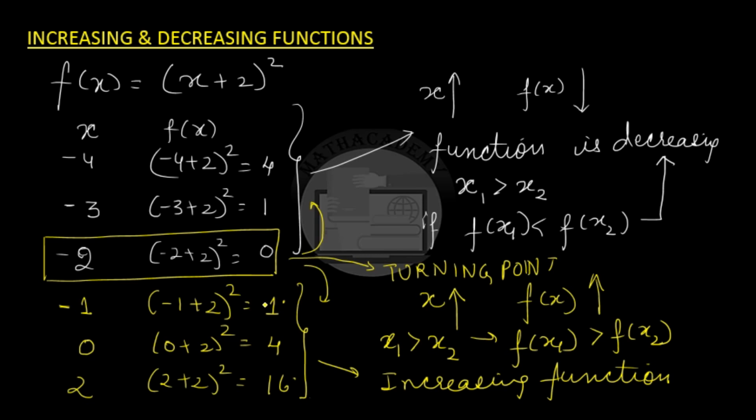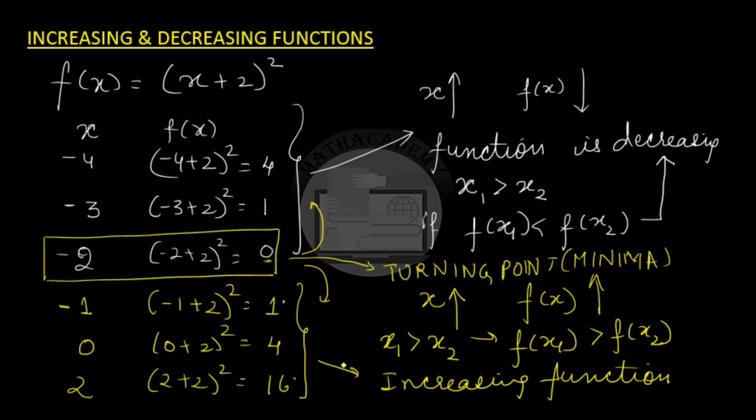Now a turning point can be a relative maxima or it can be a minima. In this particular example, x is equal to minus 2 becomes the point of minima. That's the point where the value of f of x is minimum, which is 0.